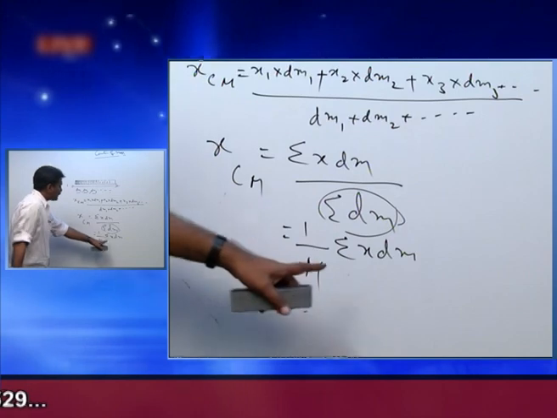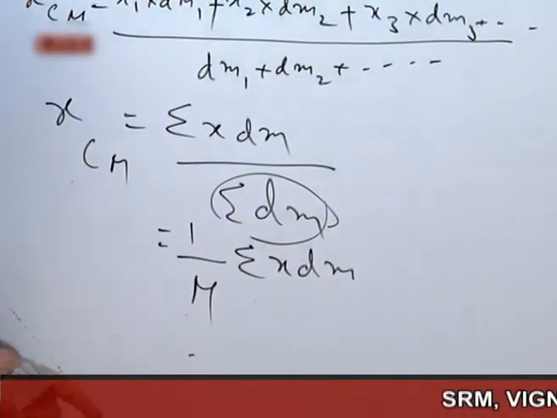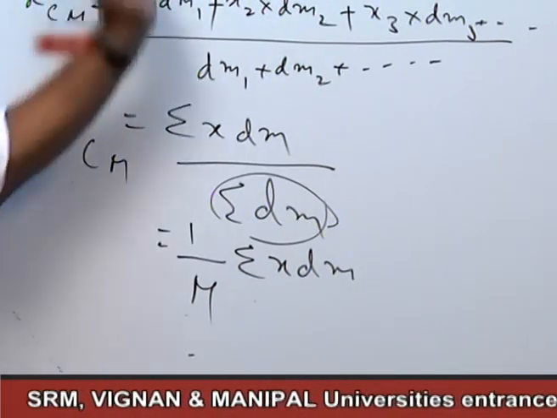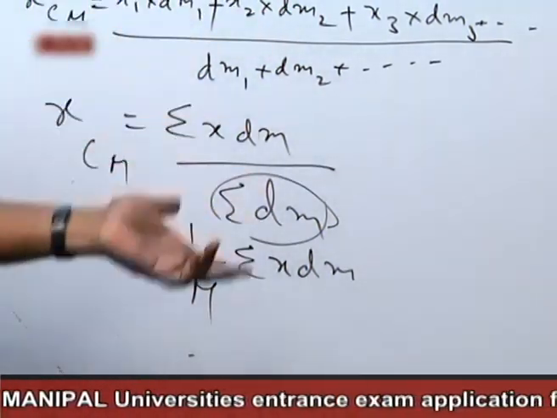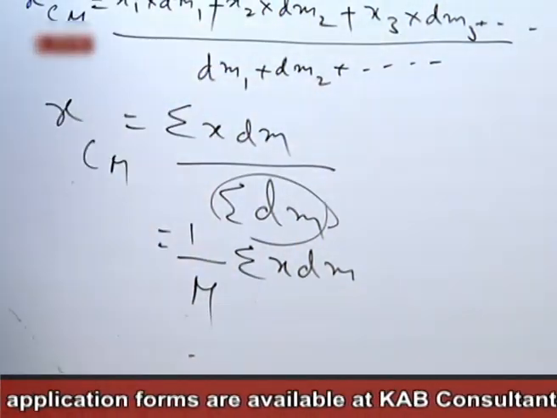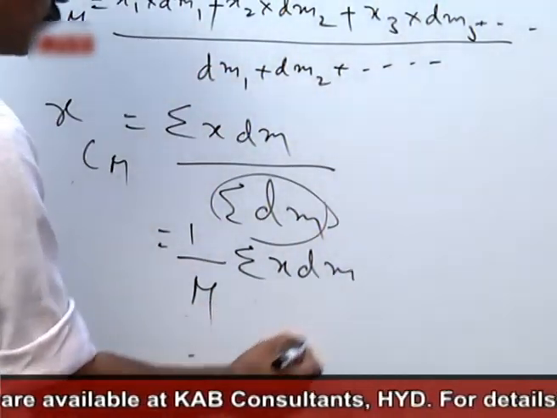Now if you consider sigma x dm, if dm is smaller and smaller, that means if you divide the body into more and more particles, as the number n increases to a huge value, dm tends to 0.